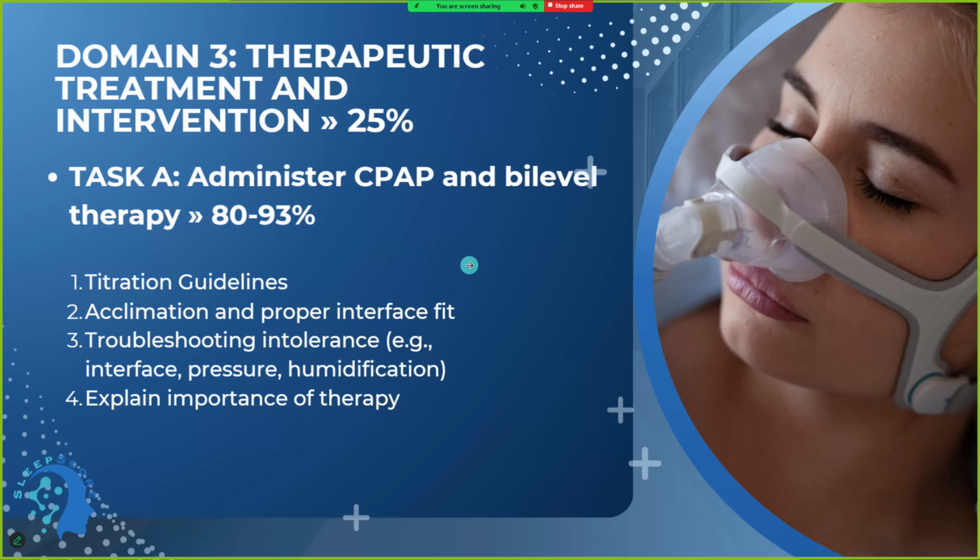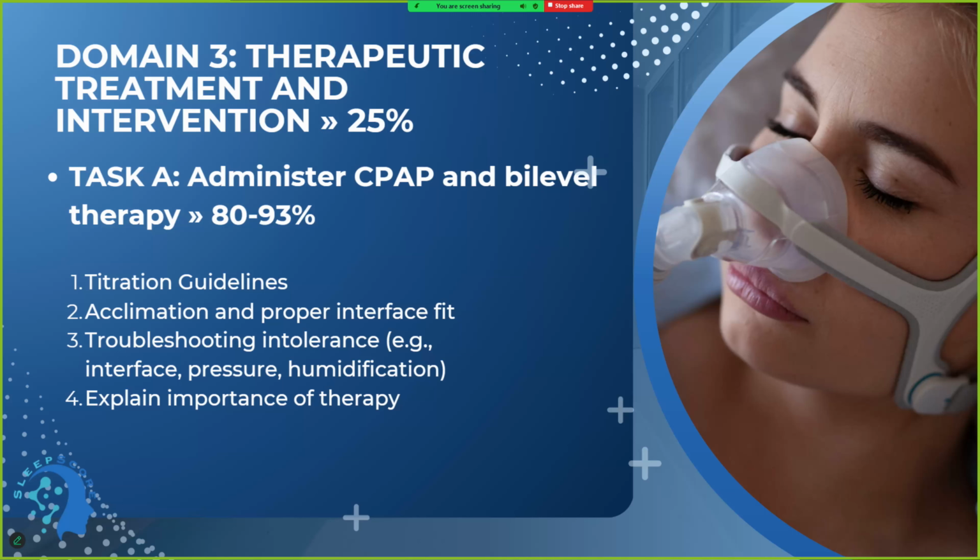What kind of mask you're using, what kind of treatment a patient needs, you need to know that. And titration guidelines, there's a certain way that you can do the treatment, and those guidelines, that procedure you have to know. And acclimation and proper interface fit. Acclimation means whether the patient is comfortable with the mask, whether the patient likes it or not.